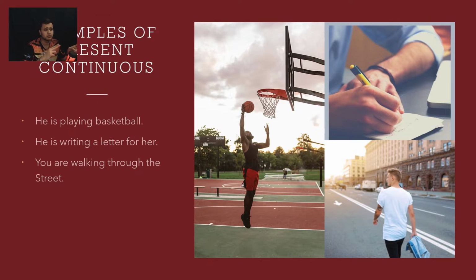In the present simple, we say that there are things that they regularly do. The present continuous is things that they do at the moment when the person is saying the sentence. He's playing basketball, he's writing a letter for her, are things that they are doing right now.